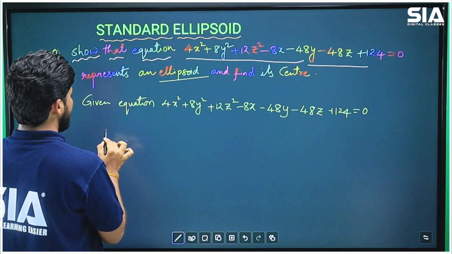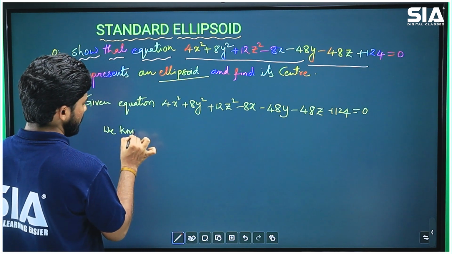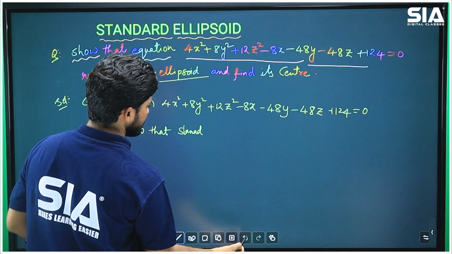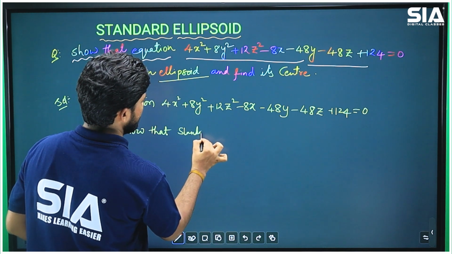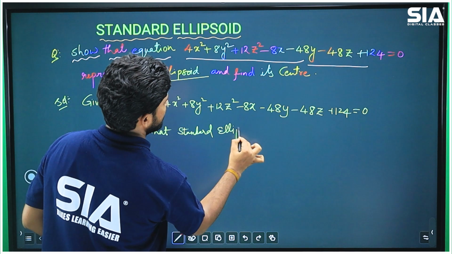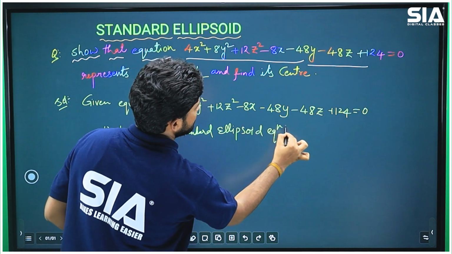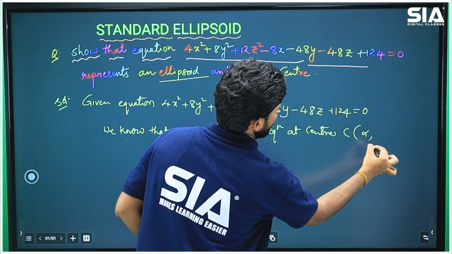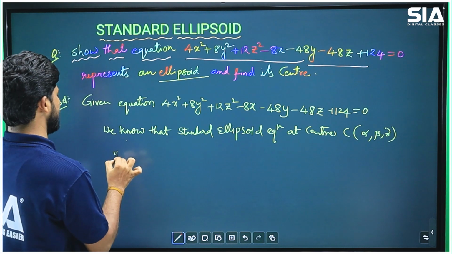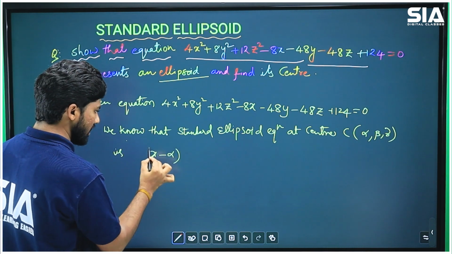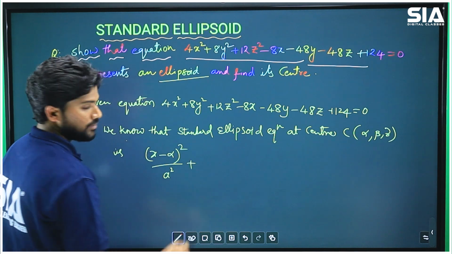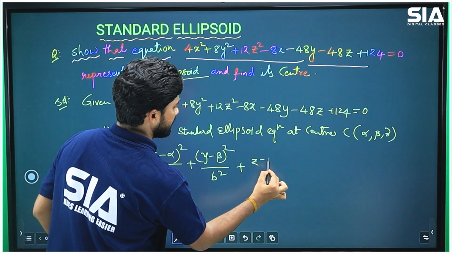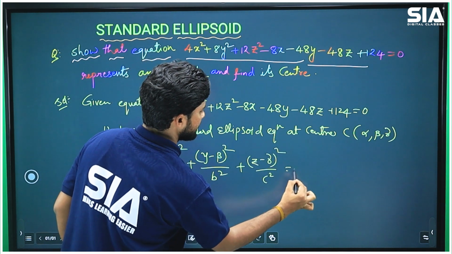In the same format, first of all, I will write: we know that the standard ellipsoid equation, with center C at alpha, beta, gamma, is x minus alpha whole square by a square plus y minus beta whole square by b square plus z minus gamma whole square by c square is equal to 1.